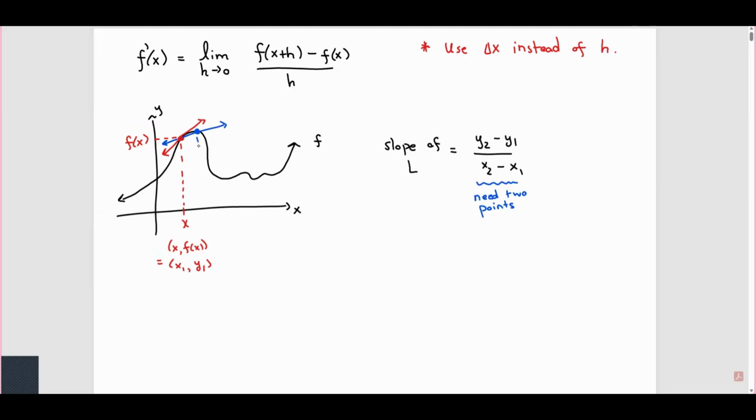All right, so now how do we label this point? This is going to be at least at x, right? It's past that value x plus a little bit more. So I'm going to call that plus h, where h is the distance from my original x value.